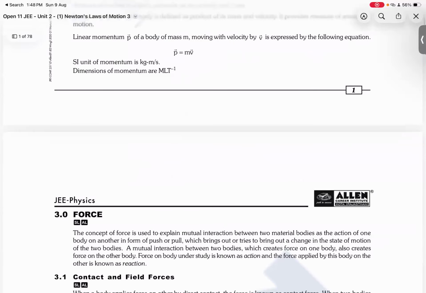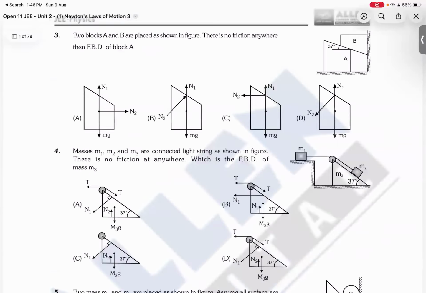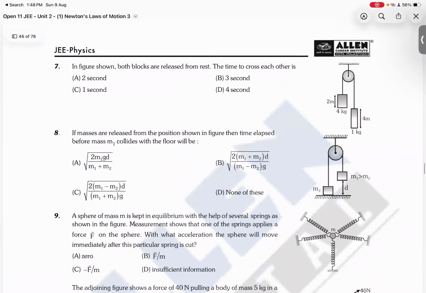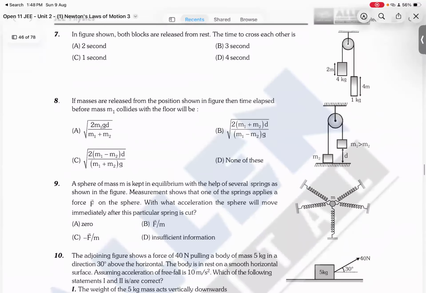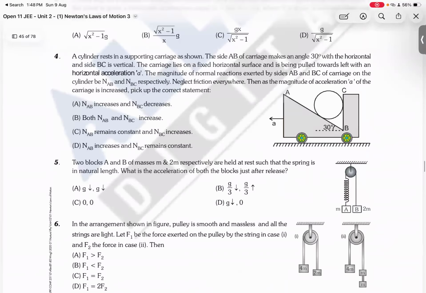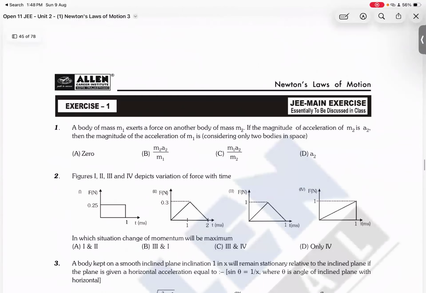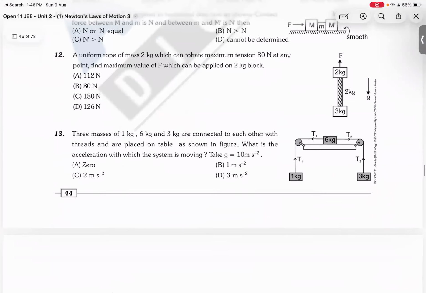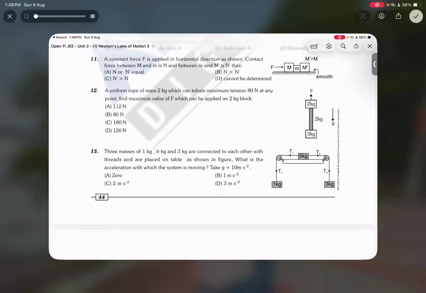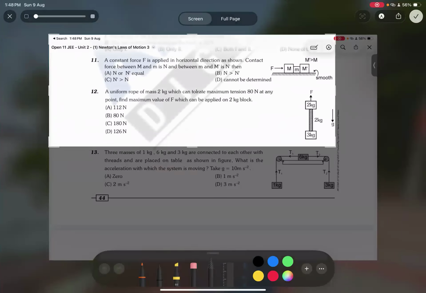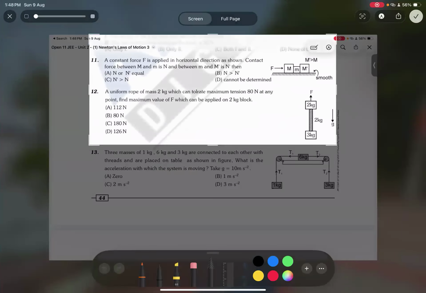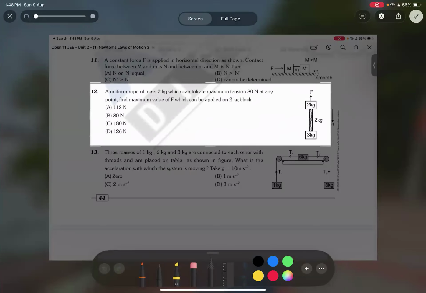Yeah, but the questions are kind of the same only. Exercise 1, I don't know what question it will be in your module, but it might be there also. So try this question, everyone.